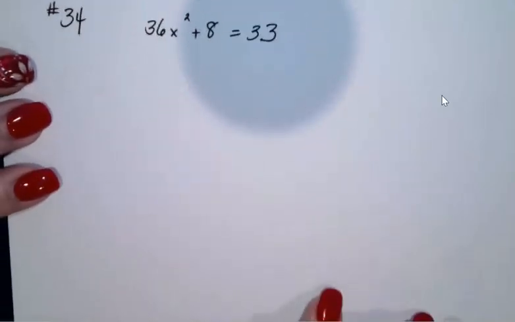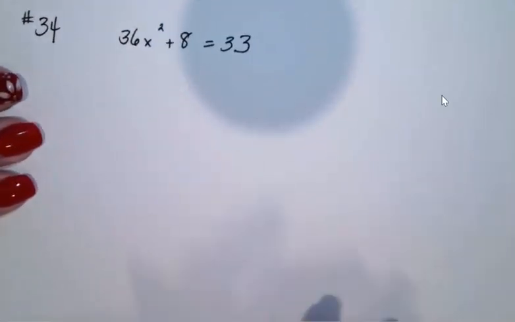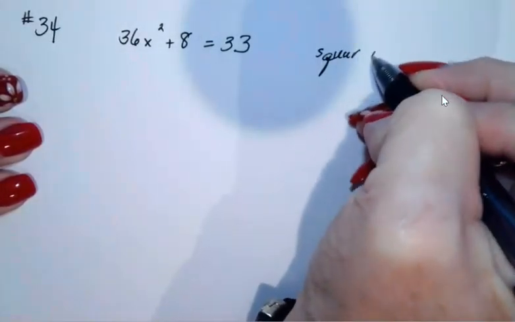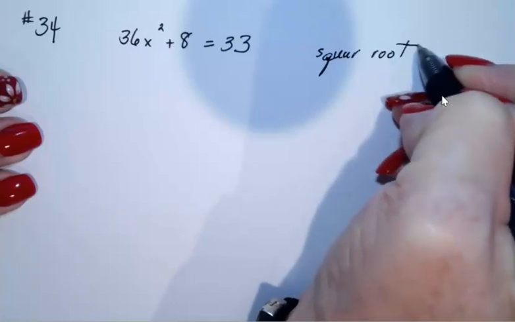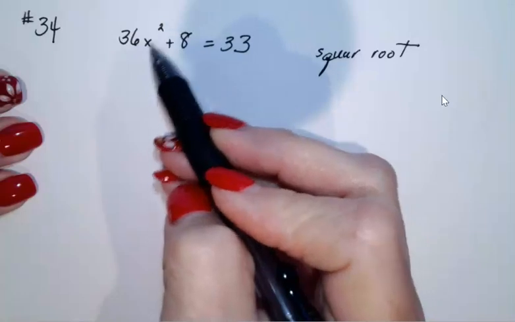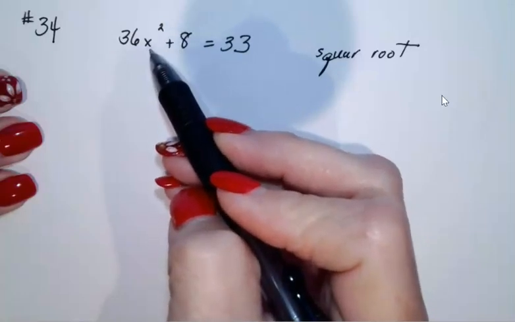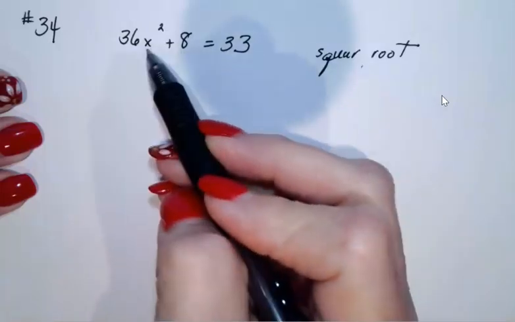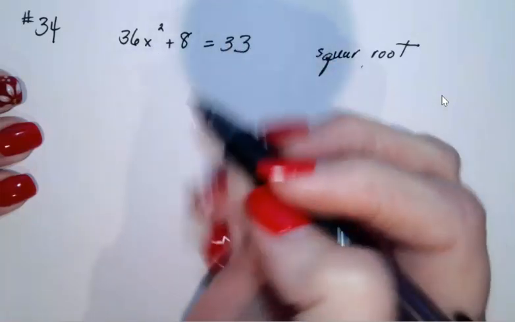All right, 34. Same thing. If it asks you to use the square root method, then I need to get x squared by itself. Normally I would make this equal to 0 and try to solve it quadratically, but it wants the square root, so we're going to get the x squared by itself.